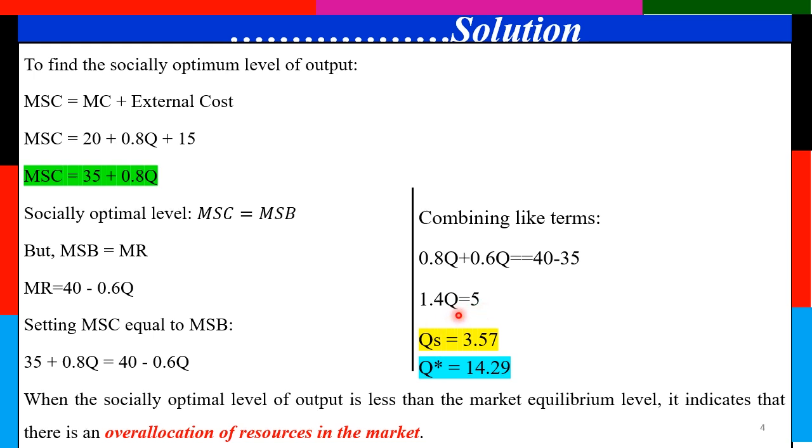Solve for cube. Divide both sides by 1.4. Again 5 over 1.4. Then the quantity at socially optimum level is 3.57. And the output at market equilibrium, we already calculated on the above slide.